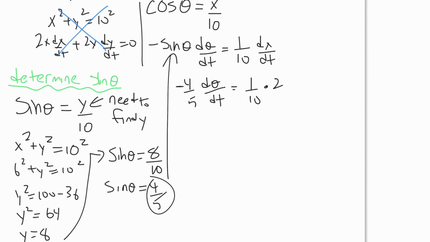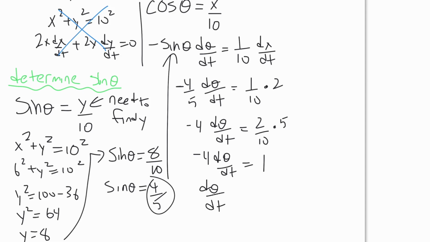So we could cross multiply the 5, get negative 4 d theta/dt equals 2 over 10 times 5. I'm going to simplify that first, so d theta/dt equals 10 over 10, which is just 1. So we finally isolate for d theta/dt, and we get 1 over negative 4, or negative 1 over 4.